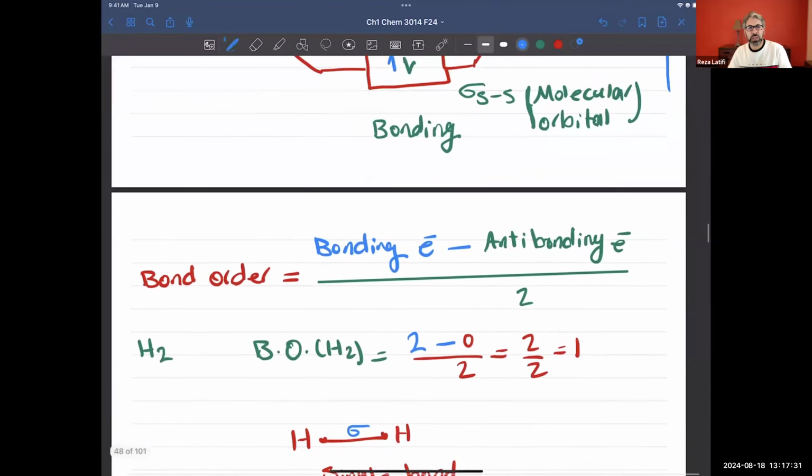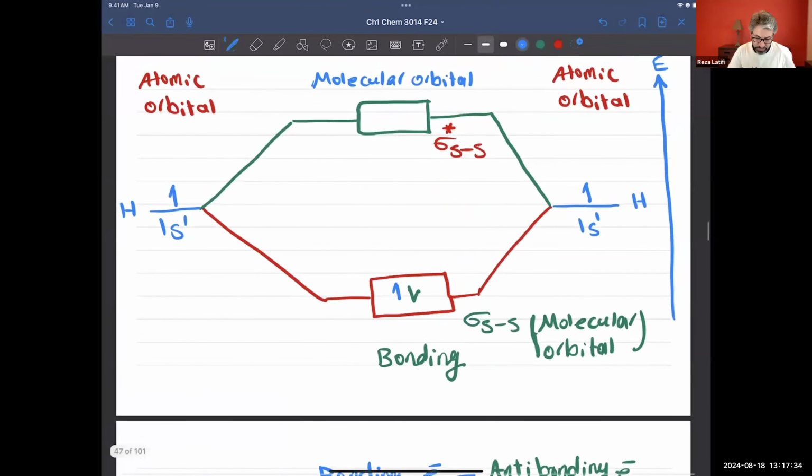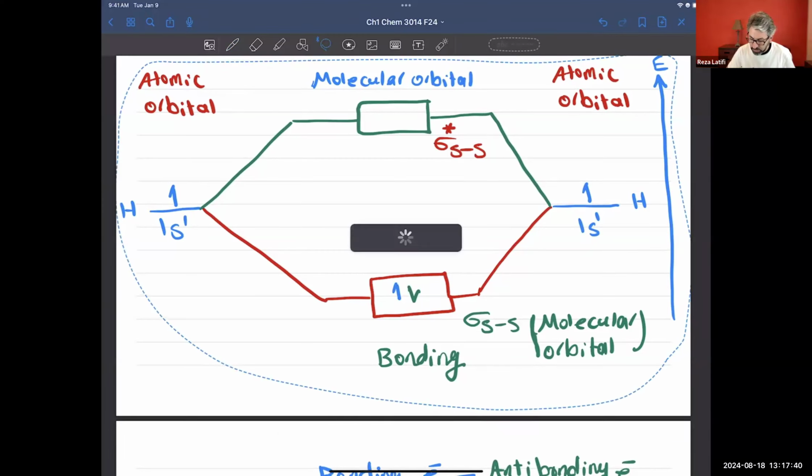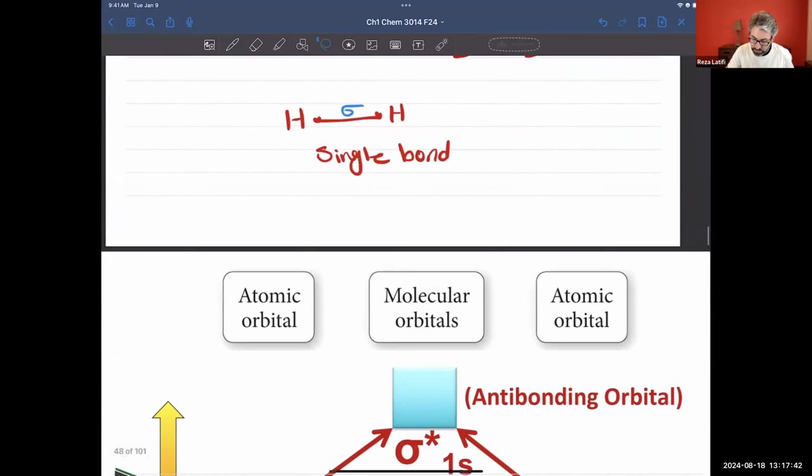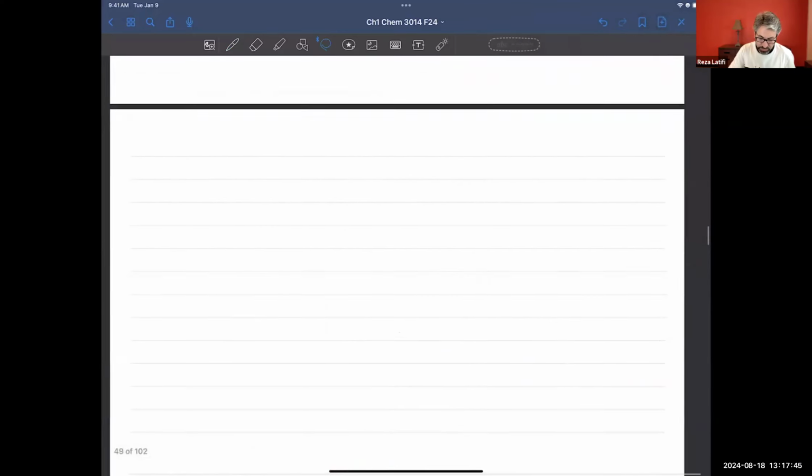Now, can I have a molecule like helium? Let's practice this for helium.